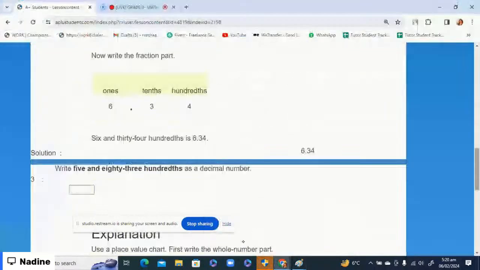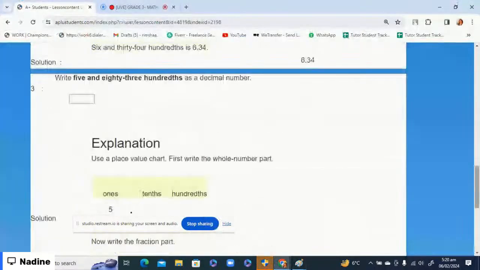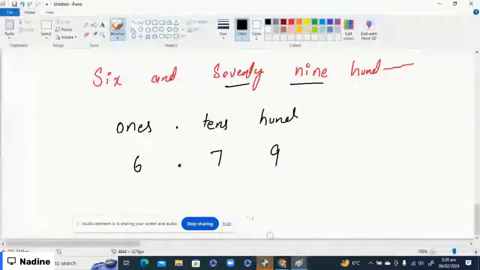All right, let's do the question from here. Now you guys tell me: 5 and 83 hundredths. So 5 and 83. This becomes 5.83.